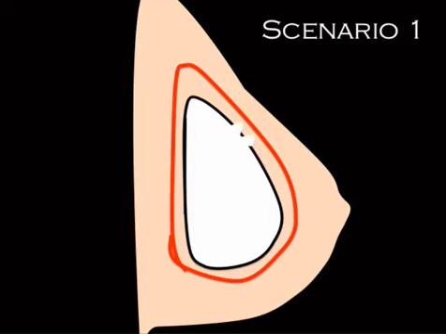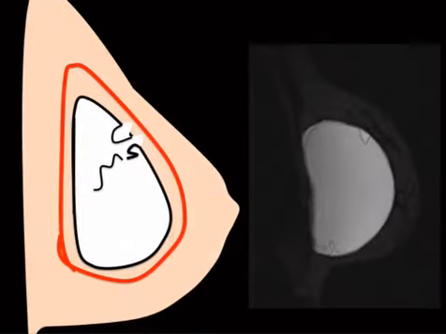Remember, the capsule is that thing that your body made, the red thing. In this case, you've got intracapsular rupture. Silicone is still confined inside the capsule, but the envelope is ruptured. So you've got silicone oozing out, but it's not like a gross perforation.